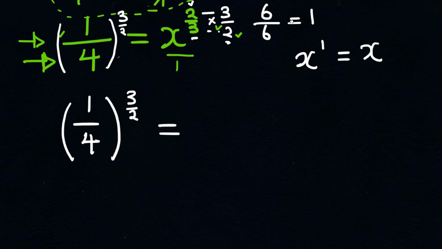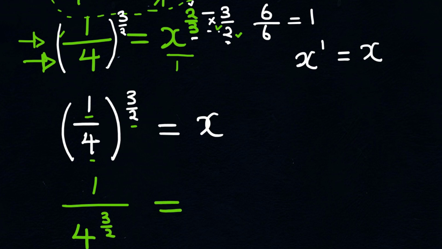1 to the power 3 over 2 is going to give us 1, and then over 4 to the power 3 over 2.